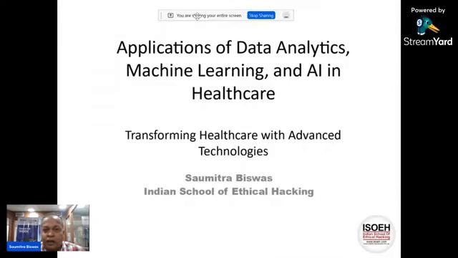Data science, machine learning, data analytics, all these things are proving to be very, very important in healthcare because of certain things. It's not about technology, it's about the healthcare system itself. Just imagine when someone is admitted to a hospital or goes to a doctor's chamber, what happens?